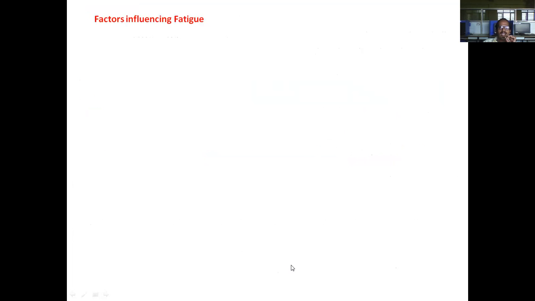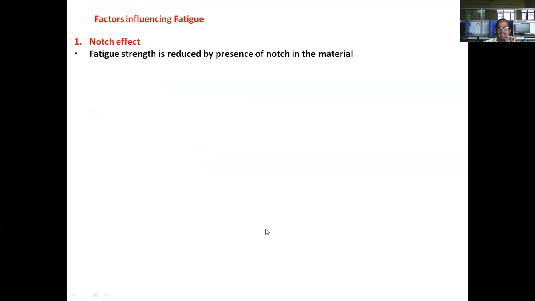Then factors influencing fatigue. First is the notch. Fatigue strength is reduced by the presence of a notch or crack. During processing of a component, cracks are always possible, and that affects the fatigue level, the endurance level. The fatigue effect is studied with a specimen containing a V notch.